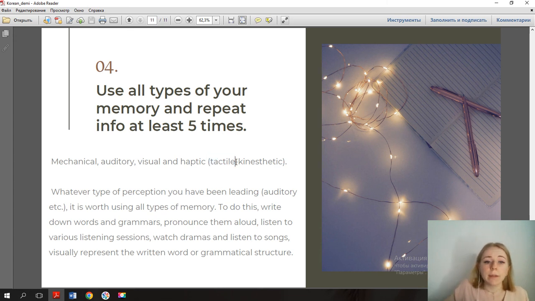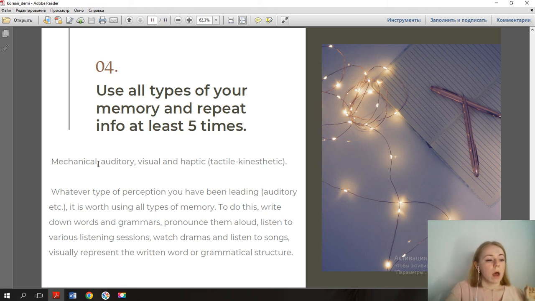So kids are haptic, and this is how they remember new information. Okay, whatever type of perception you lead with, for example, you are auditory, I am visual, anyway, it's more useful for you to use all types of memory.